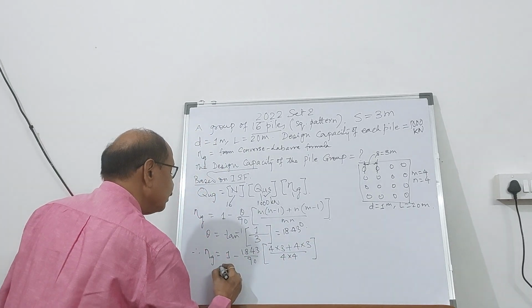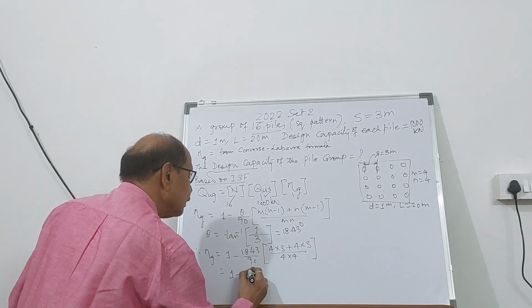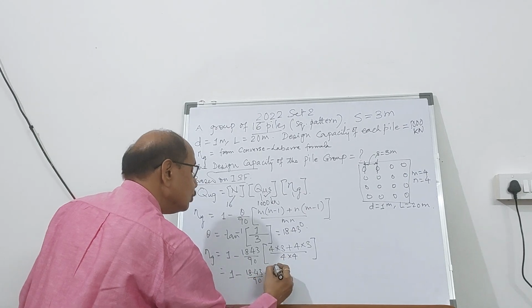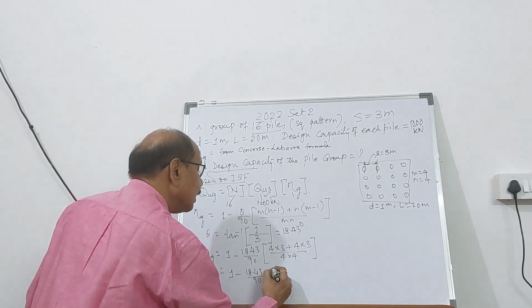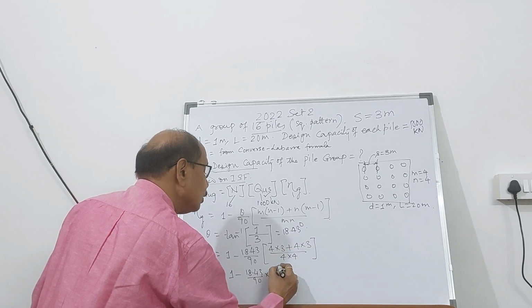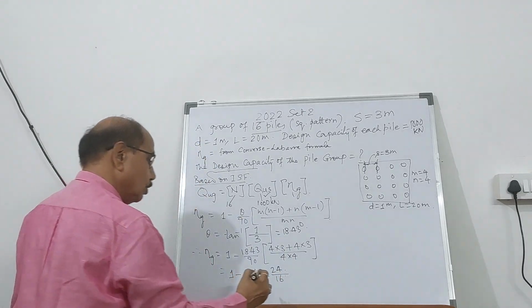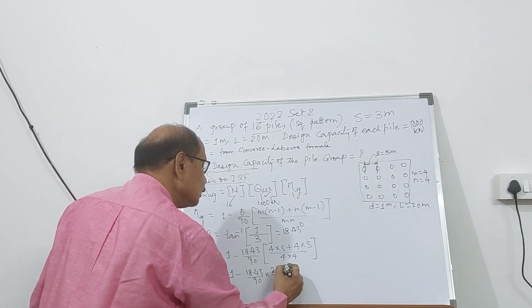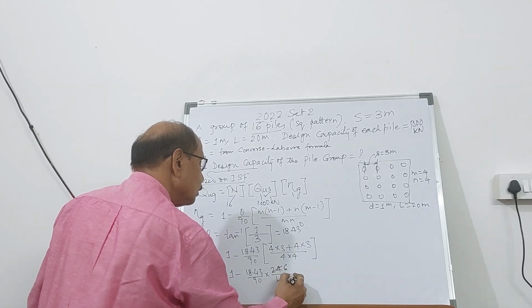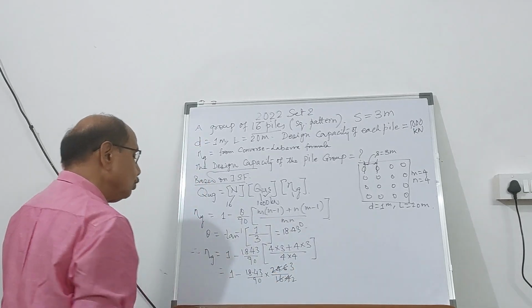So it becomes equal to 1 minus 18.43 divided by 90 into this becomes 24 by 16, that is 3 by 2.